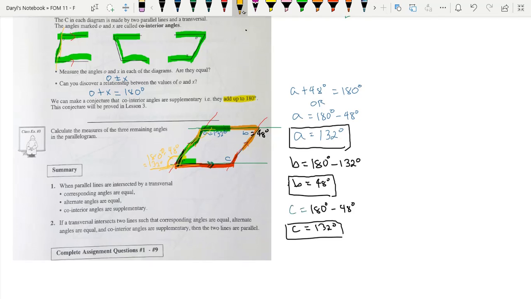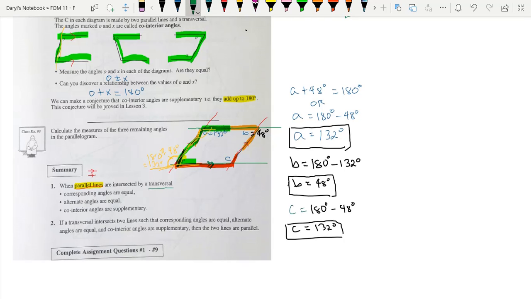Okay, but this is the more direct way. You can use the co-interior angles. So as a summary, we can get the following. Again, importantly, you're talking about parallel lines. Again, we use the symbol arrow for that. So in our drawing, we use this to denote parallel lines that are intersected with a transversal line.